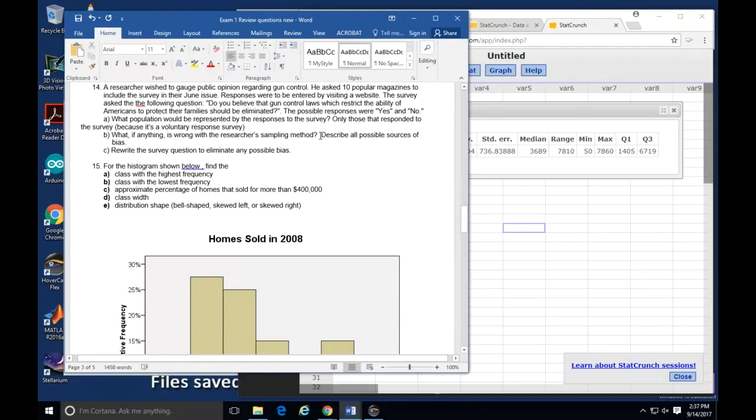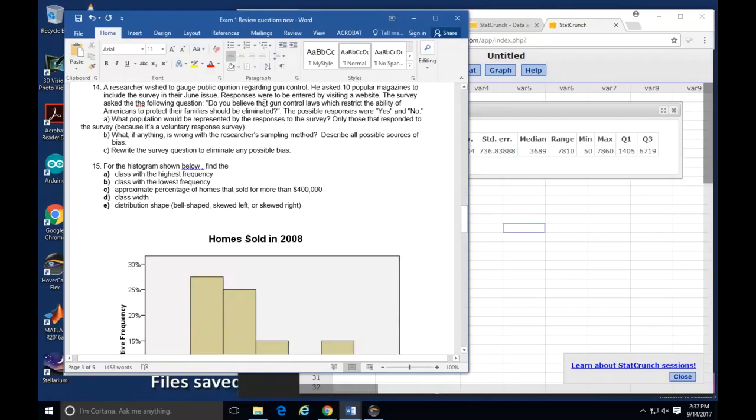Okay, and that's part of the answer to part B of what's wrong with the researcher's sampling method. He was missing lots of data because the only people that would get this would be the people that bought the magazine's June issue, and probably those that had strong opinions on the question, because they would be more likely to respond since it's a voluntary response survey.